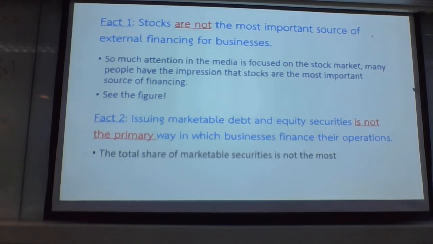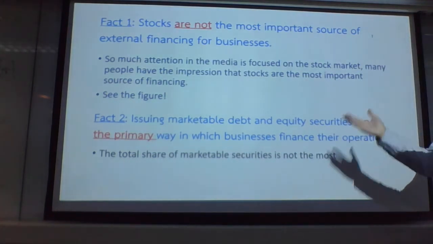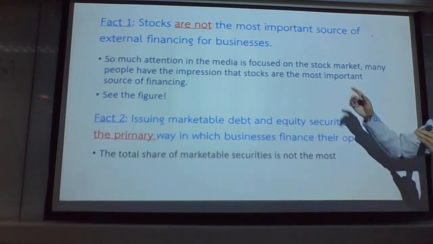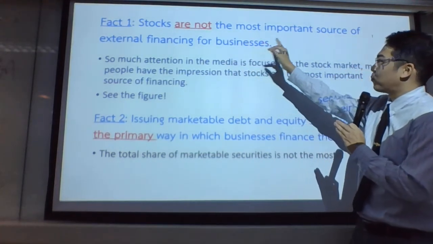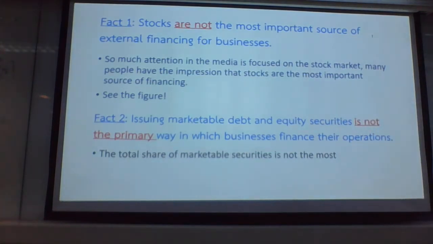Stocks rise, stocks decline, the central bank increases the interest rate and then the stocks plummet. So the media gives you illusions about the importance of the market. This is not the truth. Stocks are not the most important source.